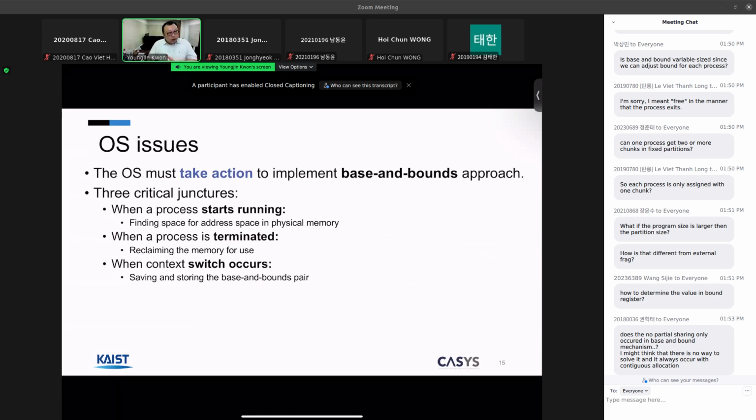Sorry for that. Before explaining the next mechanism, let's take a look at some operating system issues. Using this base and bound register, the operating system has to design how to start a process, what happens when a process is terminated, and when a context switch happens.